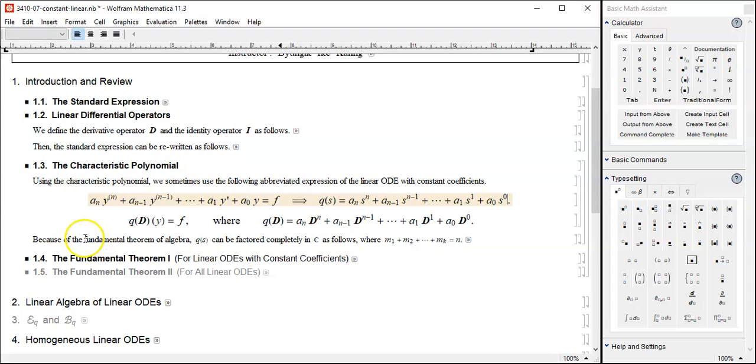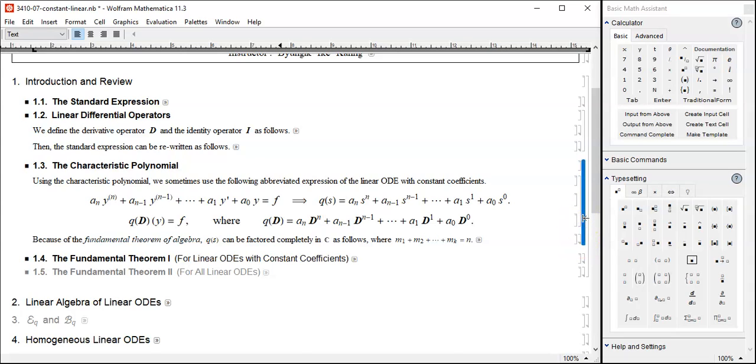We can apply the so-called fundamental theorem of algebra, which says any complex polynomial can be factored all the way down to the linear factors. And if you want a little bit further explanation about all these, you can go down to lesson 1a, the preliminaries.